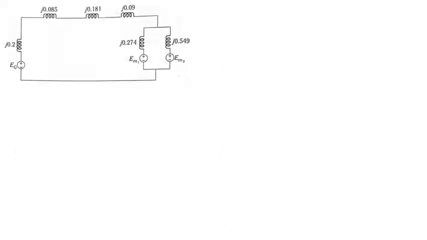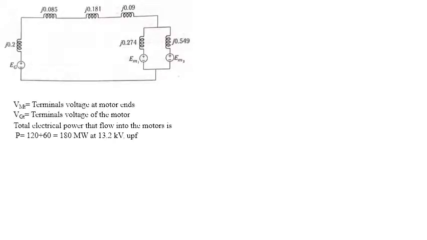Next, once we have these, we have to calculate the reactance diagram. Considering the generator reactance and source of EMF, transformer, transmission line, transformer. The two motors are connected in parallel, working in parallel. So what we need to calculate? Same way, at this point we consider V_M.